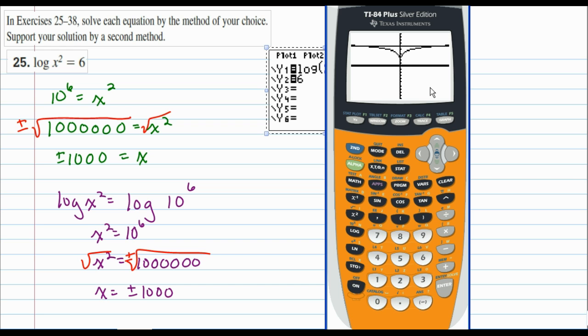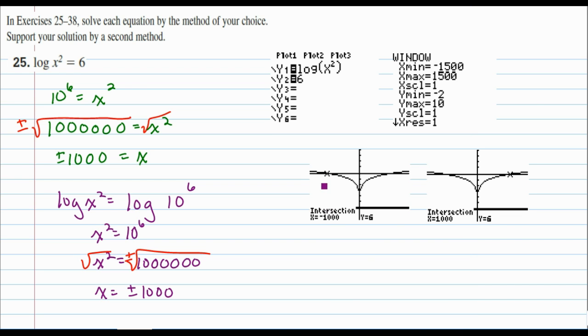Yeah, they're okay. I think I'm going to cut out the y min a little bit. That's better. With the y min of negative 2, I can see that and calculate the intersections very easily. And now I can see that my intersections are negative 1,000 and positive 1,000, just as the x values I found in both methods that I used to solve this logarithmic equation.